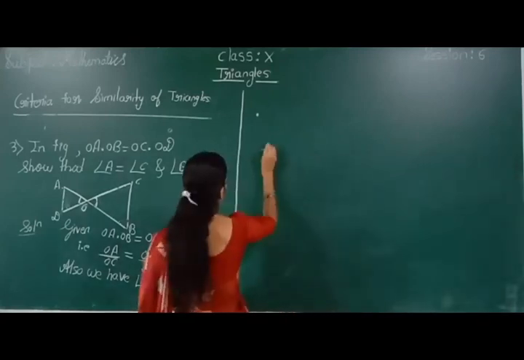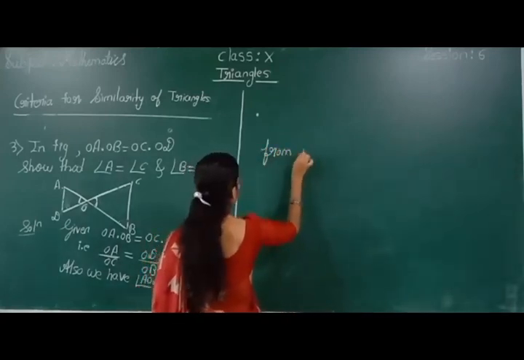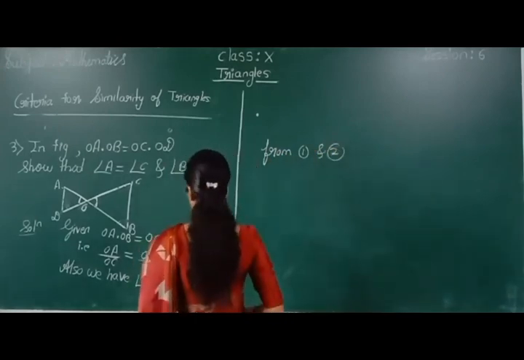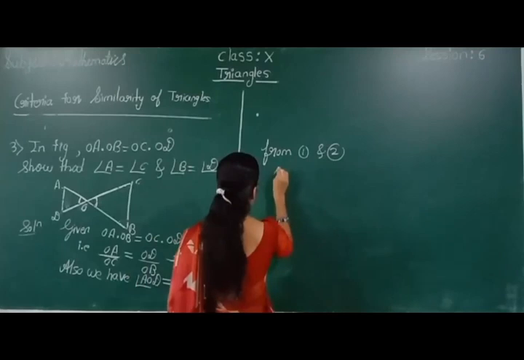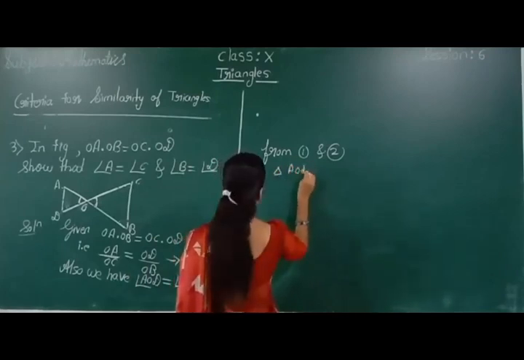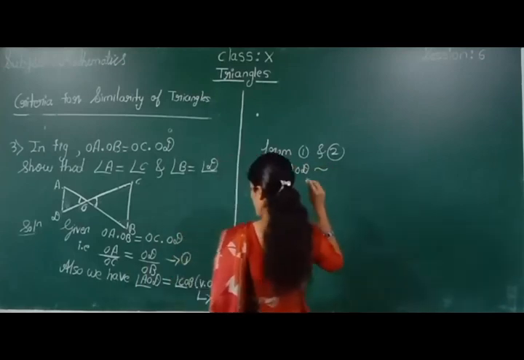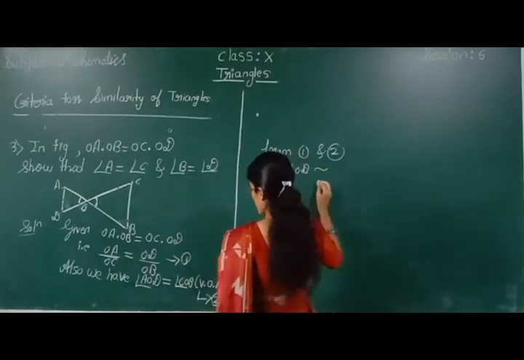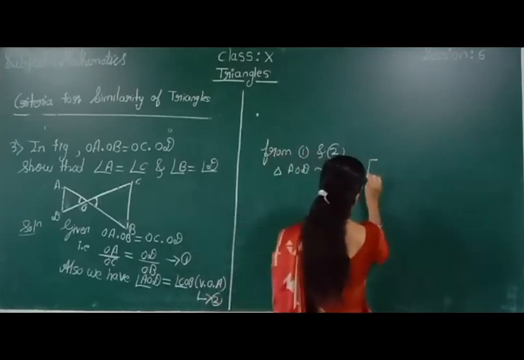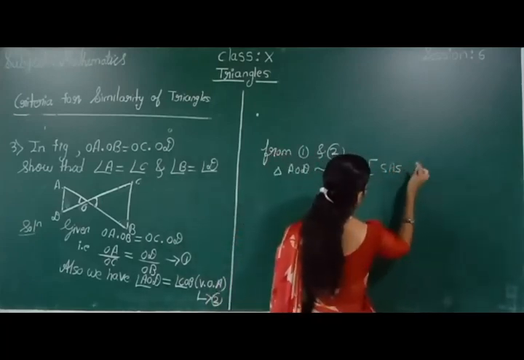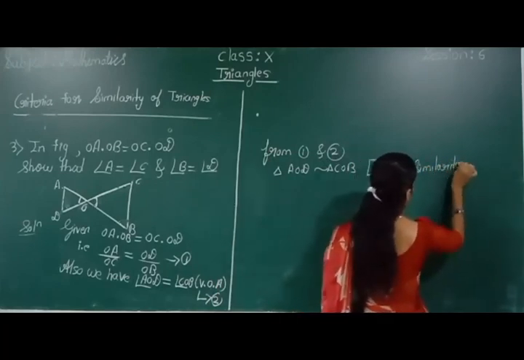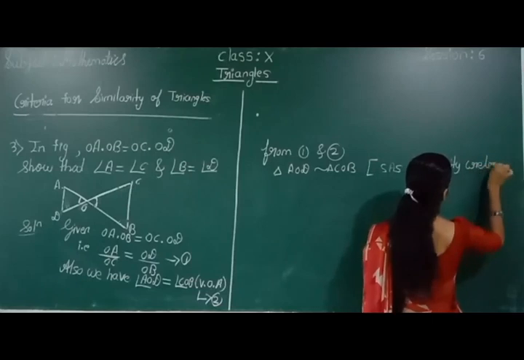From 1 and 2 what we can tell, that triangle AOD is similar to triangle COB, by the SAS similarity criterion.